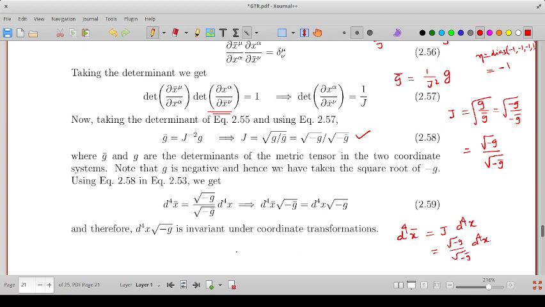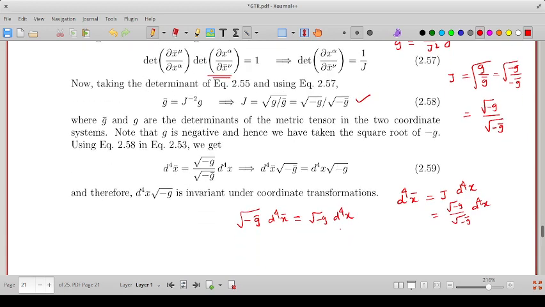Now taking this to the left side, I have the square root of minus g bar times d4x bar equal to the square root of minus g times d4x. So now, this expression, the square root of minus g times d4x, is equal to the same object in the second coordinate system.